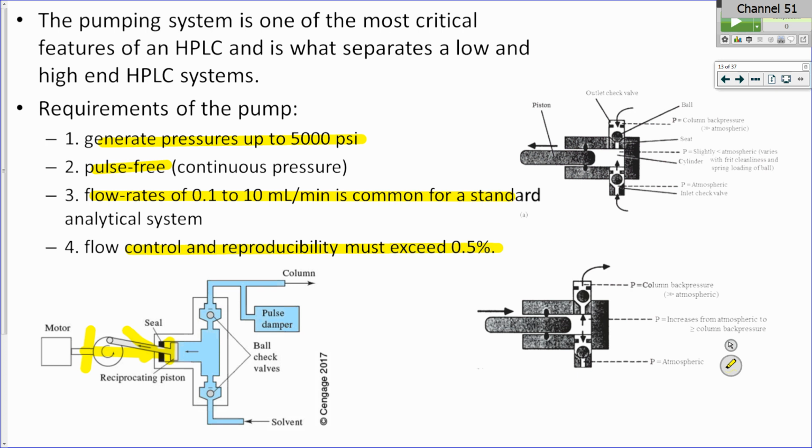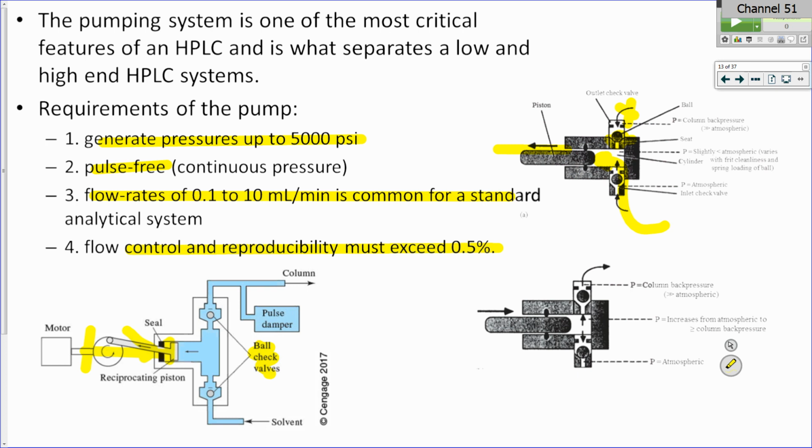As the vacuum's pulled on this, there's a series of ball check valves, and one is the inlet side and the other one is the outlet side. Now, to show how these valves work, I've got another set of pictures. What happens when the syringe goes back is this valve gets sucked down and it fits into the cup and closes off. So it blocks the backflow coming back into the cylinder. That means just the fresh solvent goes into the syringe.